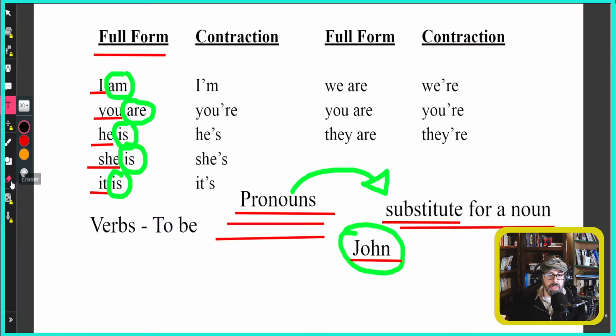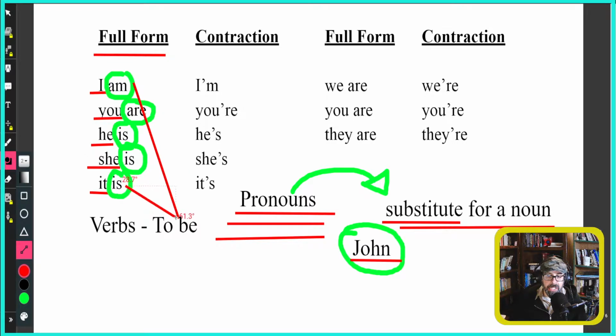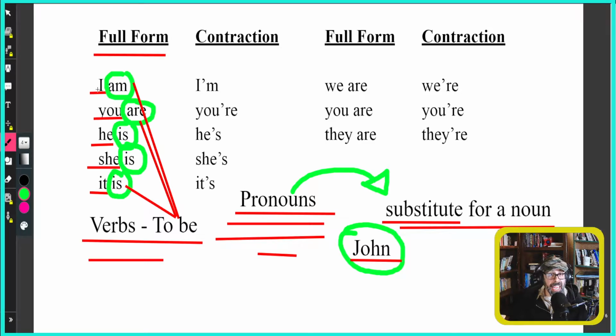So all of these three, am, is, and are all verbs to be. Okay. So in the full form, we see two things. We see pronouns and we see verbs. Pronoun I, verb am. Pronoun you, verb are. Pronoun he, verb is.